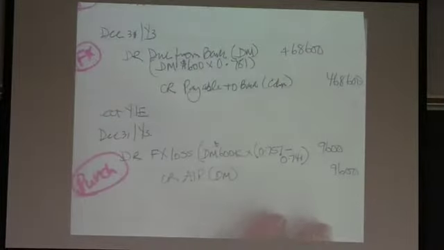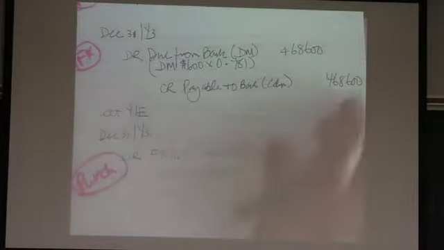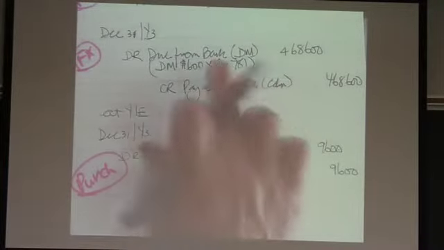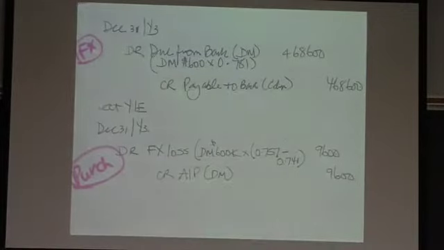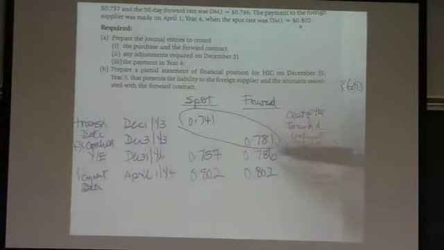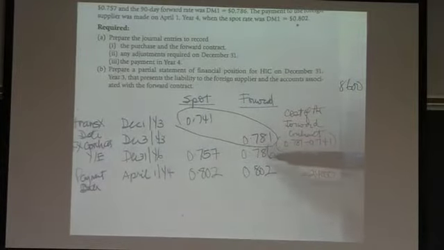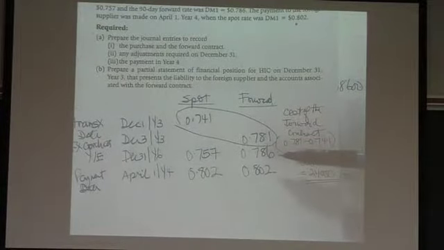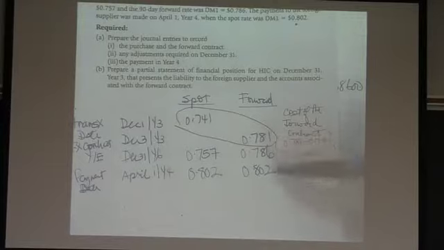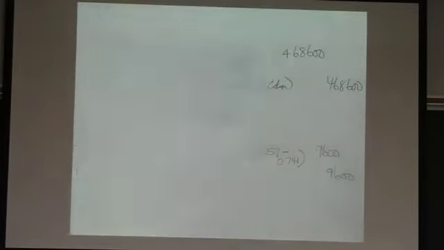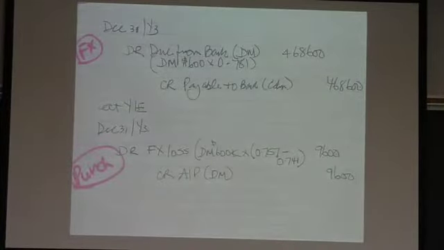Now, we're also going to translate the due from bank. In this case, the forward rate went from 0.781 to 0.786. That means the receivable from bank has gone up in value.